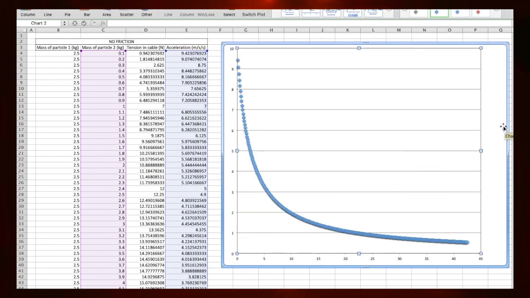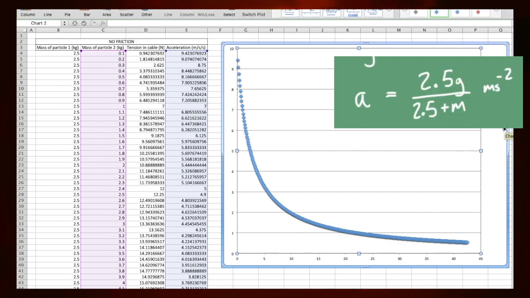Okay. So what we have, and if you look at the equation carefully, maybe you should expect it, is a reciprocal graph. So as you increase the mass in a frictionless situation, the acceleration reduces, but it looks like it's never going to reach zero. Okay, and that should make a little bit of sense.